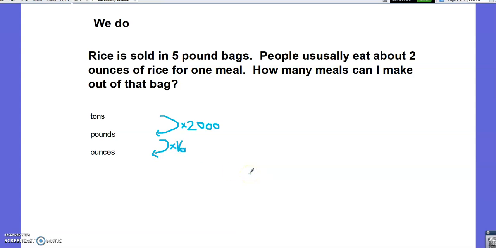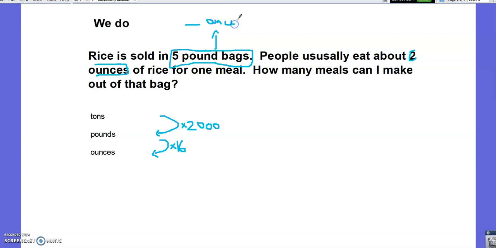All right, so one of the hard parts about this problem is I'm given a bag of rice in pounds, but a serving of rice in ounces. So I don't want to have those be separate units because then all my math is kind of going to be for nothing. So I think the first thing I'm going to do is just go ahead and see if I'm going 2 ounces at a time. Let's just see how many ounces this is.